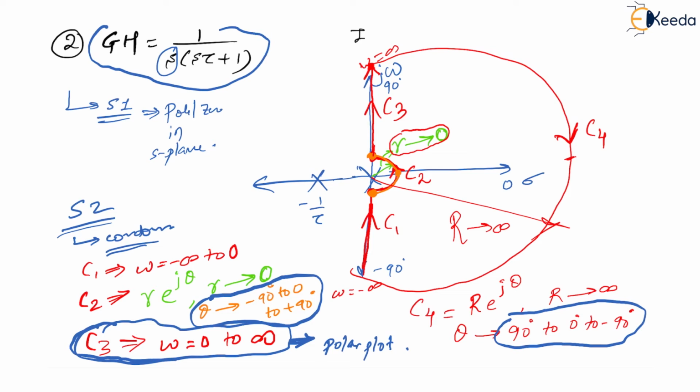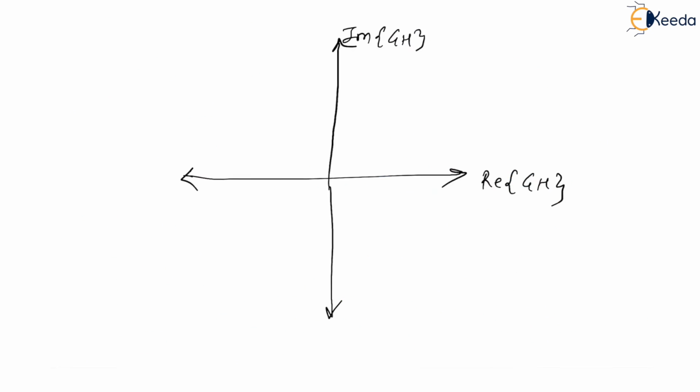So dear, contour C3, which is from omega equal to 0 to infinity, is nothing but the polar plot. We know that it is going to be from here to here. We have done n number of examples on this, so I hope you all know how to draw a polar plot, because now we are interested in finding out how to draw a Nyquist plot.